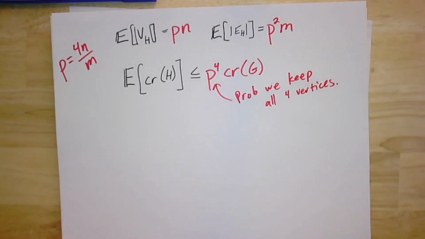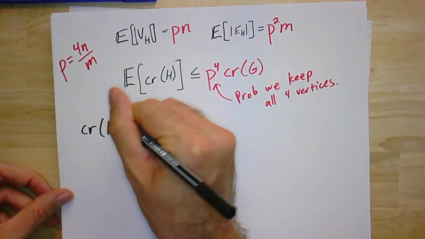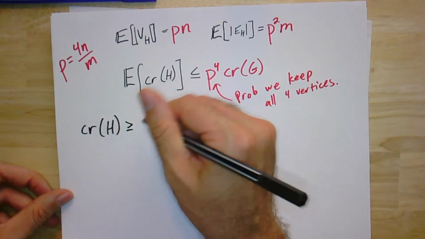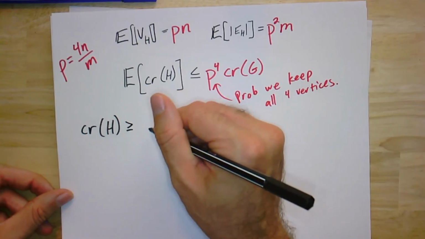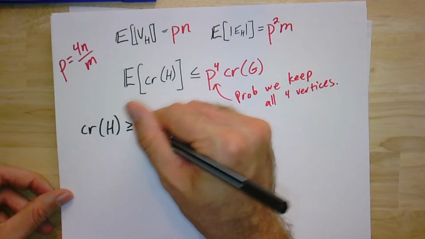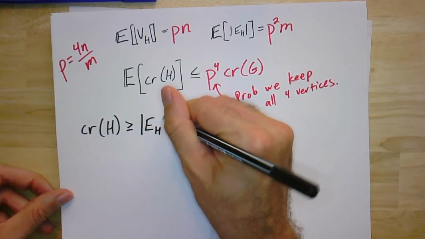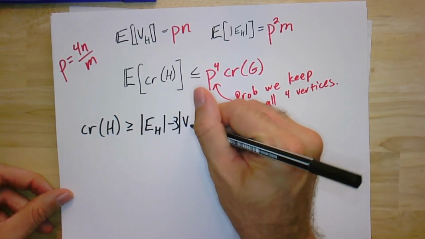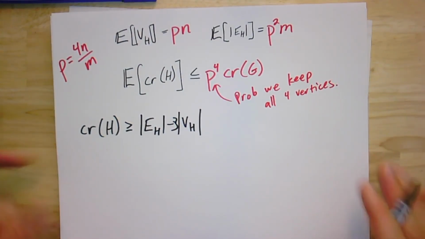All right, now we're ready to bound the crossing number of H first. Remember, our Euler bound was what? That it was bigger than the number of edges in H minus 3 times the number of vertices plus 6. So we could just write this directly as the number of edges in H minus 3 times the number of vertices in H. And the constant just makes it a little even stronger.